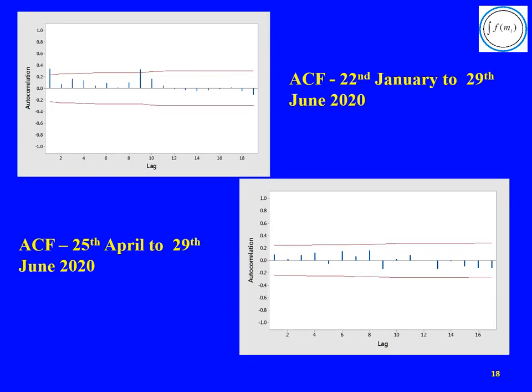This is the autocorrelation function, and we use it to test the relationship between the data within the data set. Here I use this autocorrelation function to test the stationarity of the series. That means whether the behavior of the data set is within a constant mean and constant variance or not.